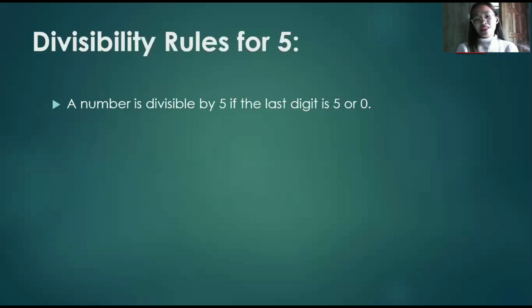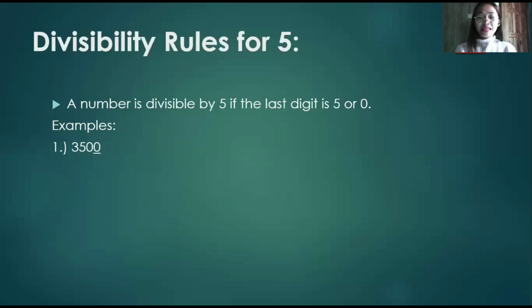So, like with 2, we remember that the last number must be even to be considered divisible by 2. For 5, we remember that the last number ends in 5 or 0. Okay. So examples, we have number 1, 3,500.